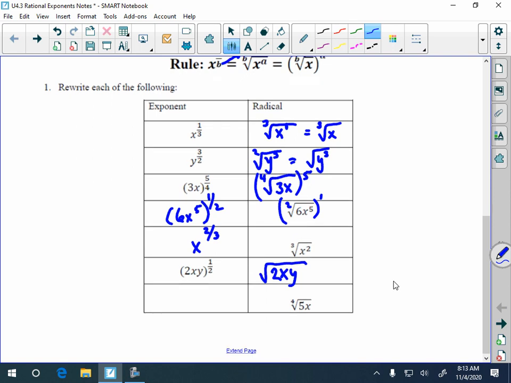The 4th root of 5x, so 5x is all being raised to the 1/4 power. Again, you can kind of look at it like that with the 1 on the outside.